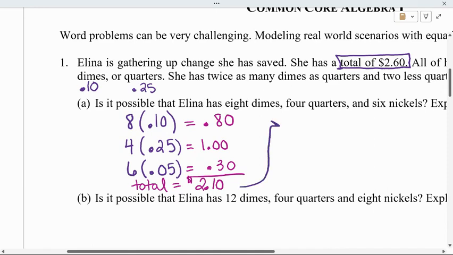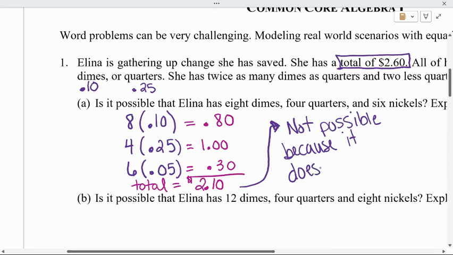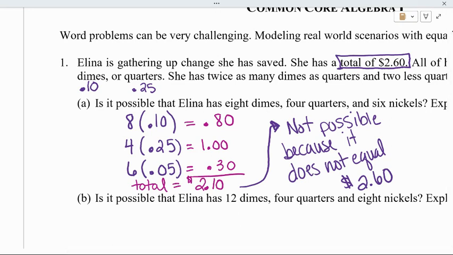So is it possible that she only has this much? No, not possible. And we're going to say why. Because it does not equal $2.60. Does that part make sense?